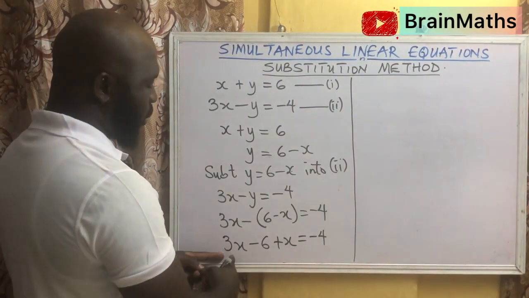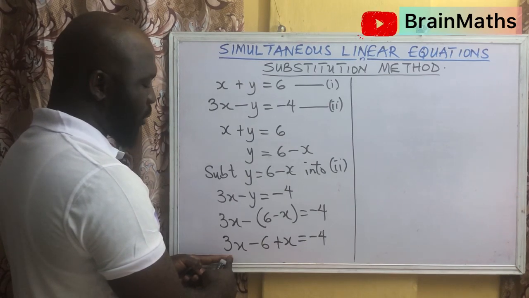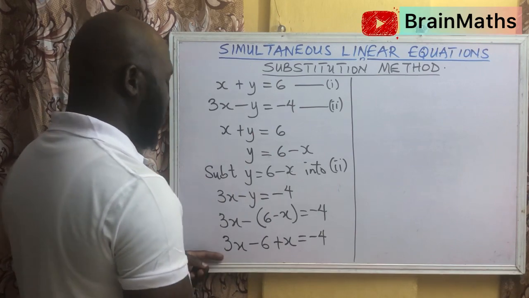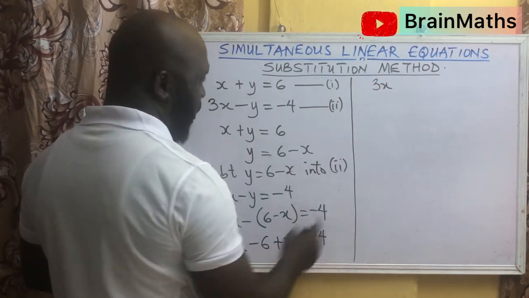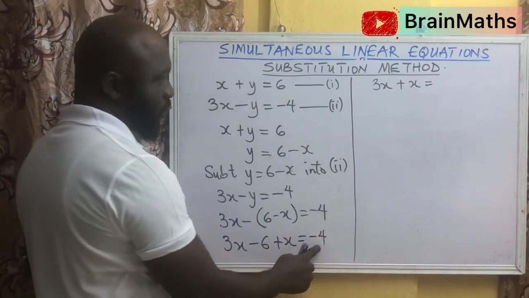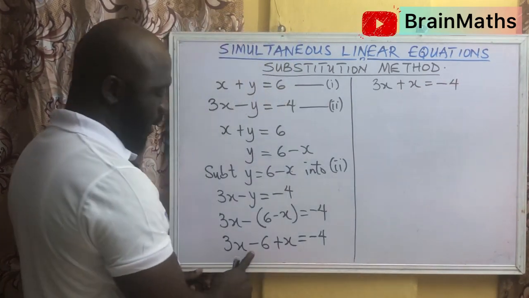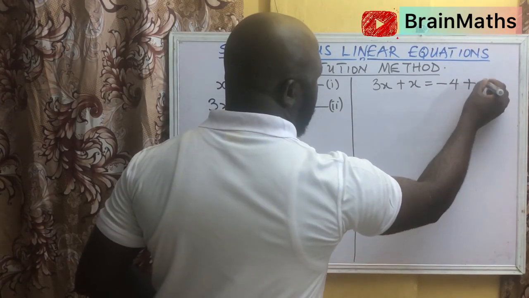We leave all the variables with x and their coefficients on one side, while we leave all the constants on the other side. So we have 3x plus x equals minus 4. We have to write that firstly. This is negative 6. When it gets to the other side, it becomes plus 6.